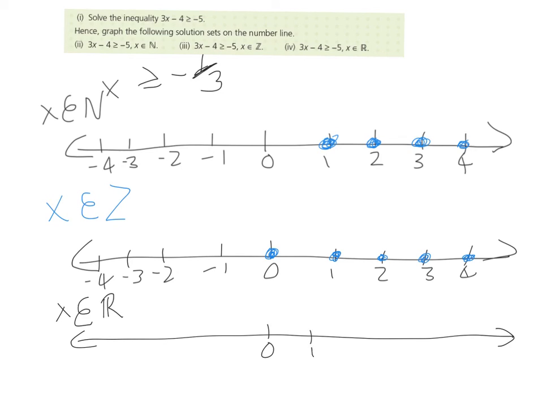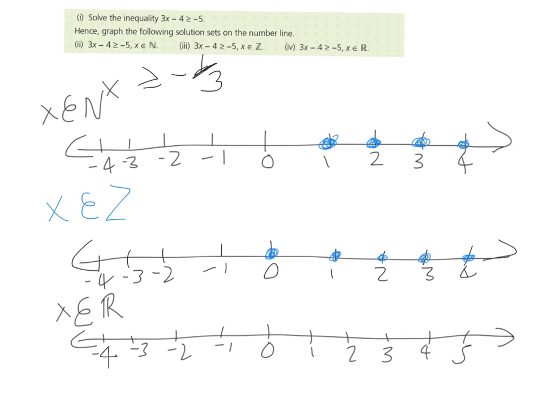So 0, 1, 2, 3, 4, 5, minus 1, minus 3, and minus 4. So now we're going to do all the numbers greater than minus 1/3 that are real numbers.